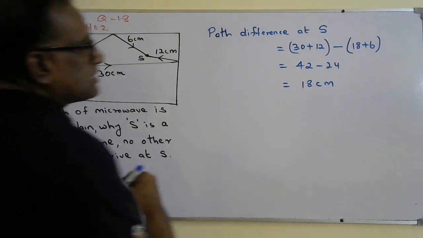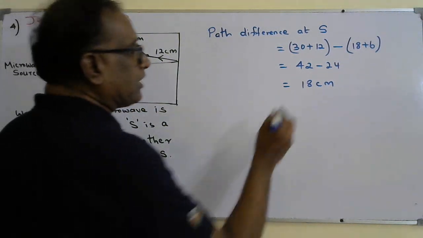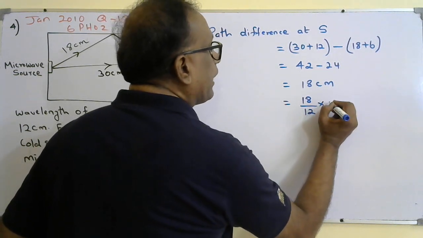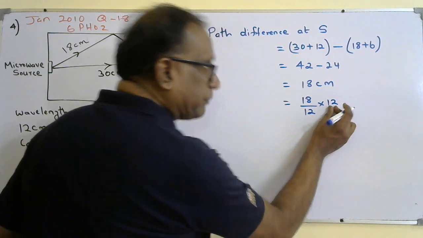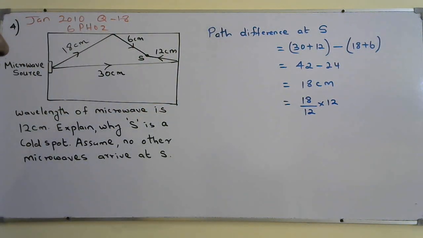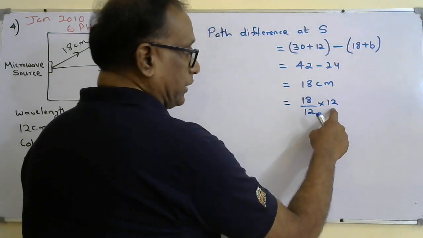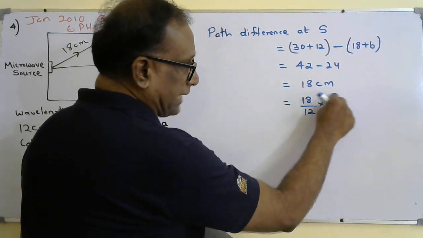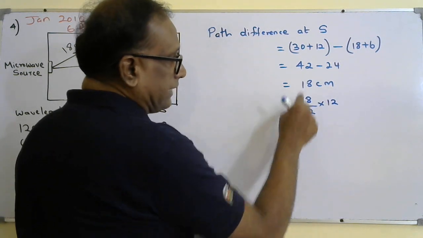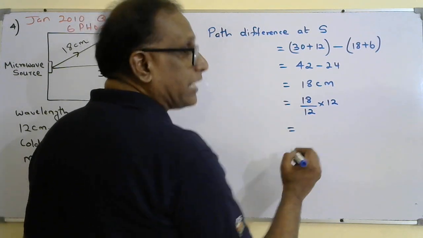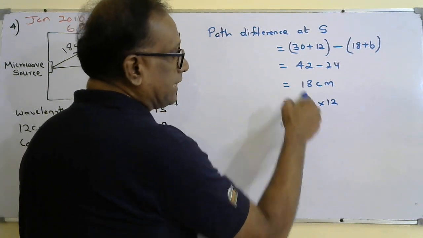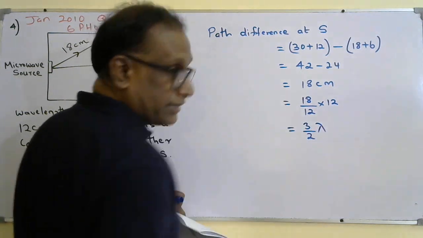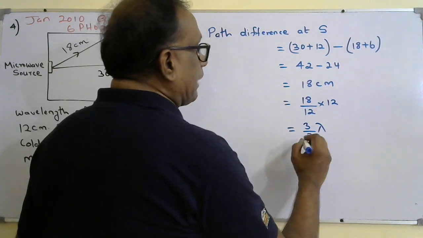So to give the path difference in terms of lambda, we divide by 12 and multiply by 12, where the 12 is lambda. I'll replace it in the next step. 18 divided by 12 is 3 by 2, you can divide by 6. So it's going to be 3 lambda by 2.